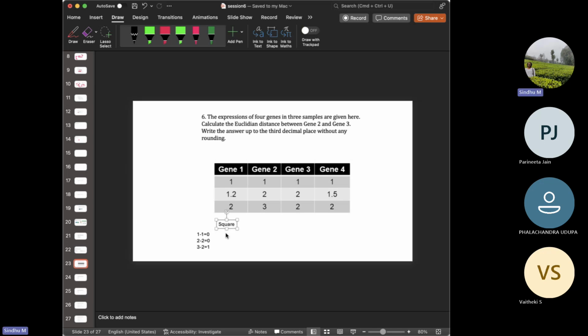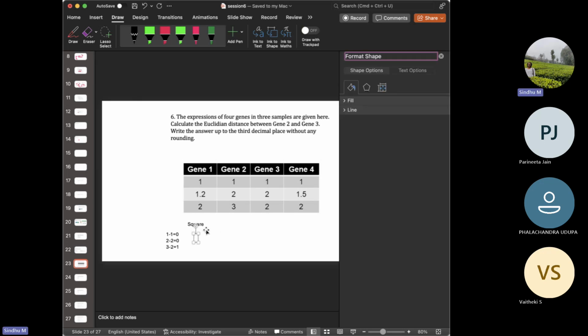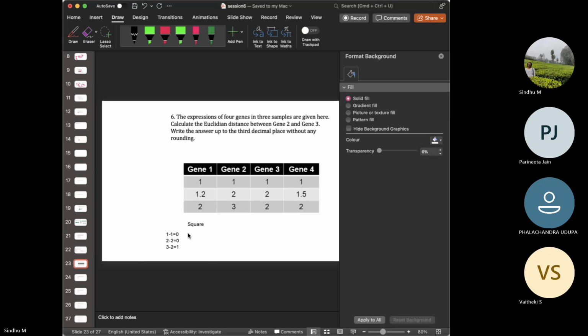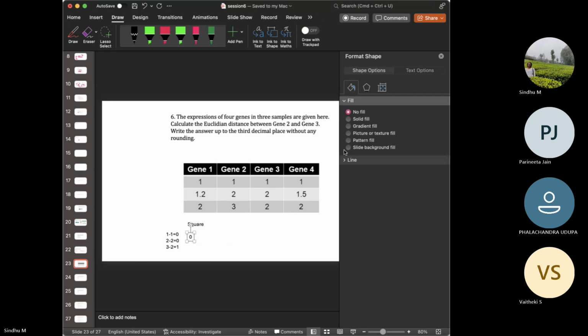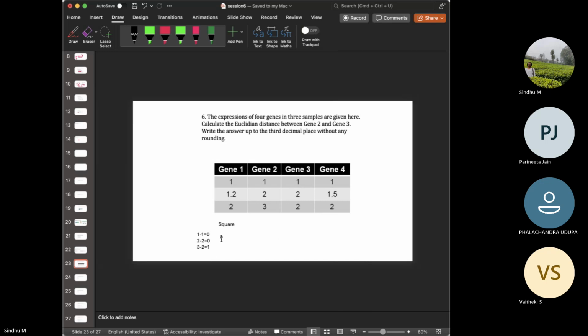If you square it, the first term would be 0 squared, which is 0. The second would also be 0 squared, which is 0.